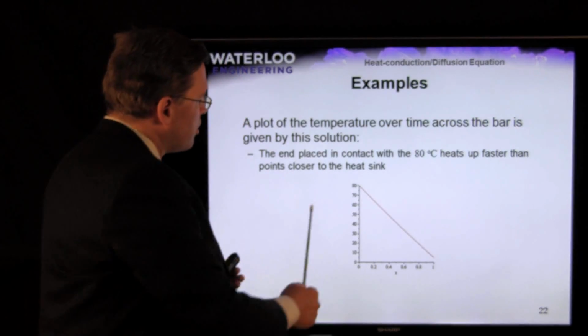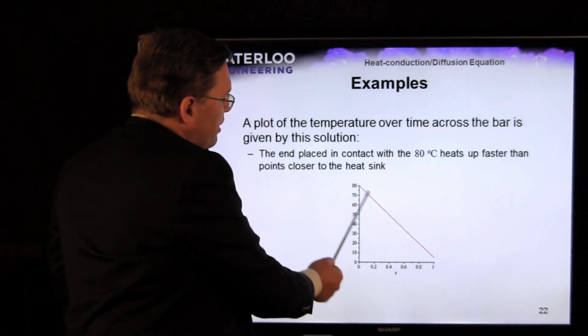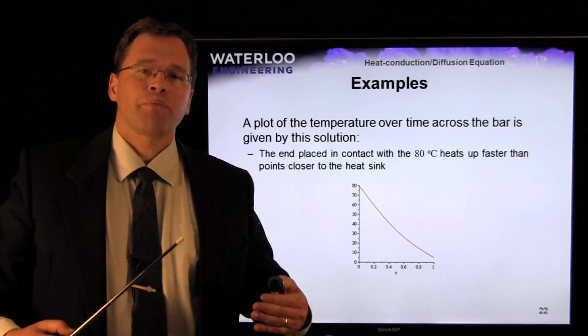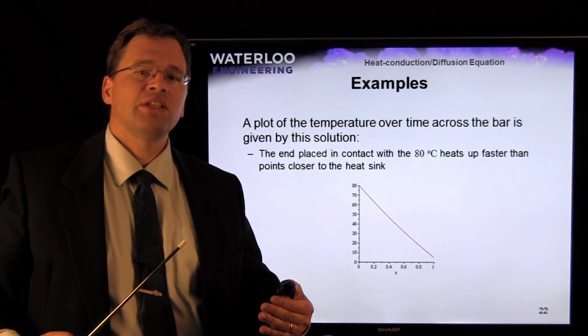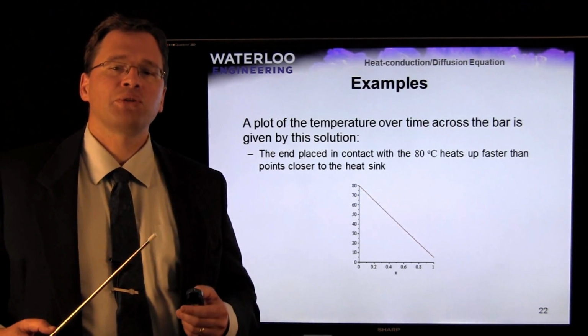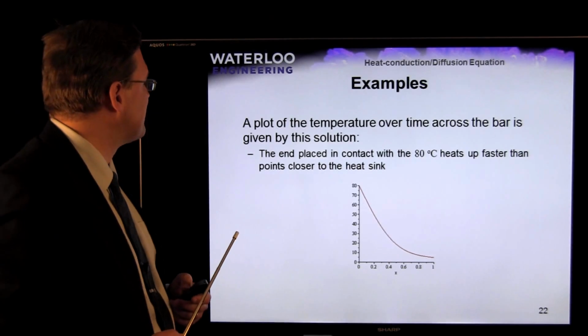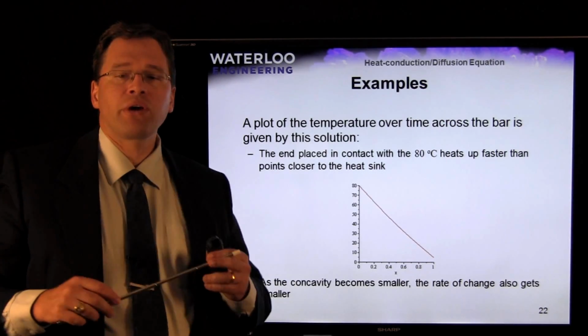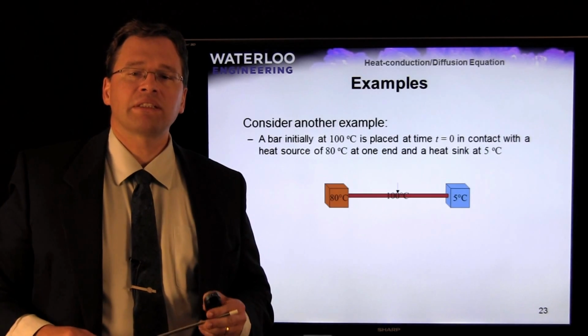But over time, you'll notice that this essentially becomes a straight line, meaning that the concavity is approaching 0. If the concavity is approaching 0, that means the rate of change of the system is also approaching 0. It's approaching the steady state. So as the concavity becomes smaller, the rate of change also decreases.